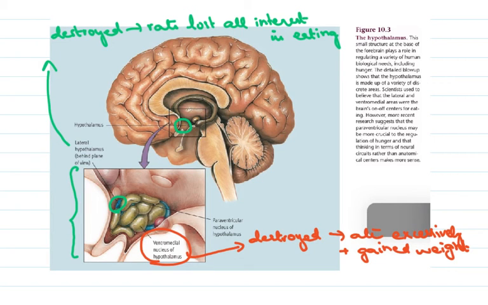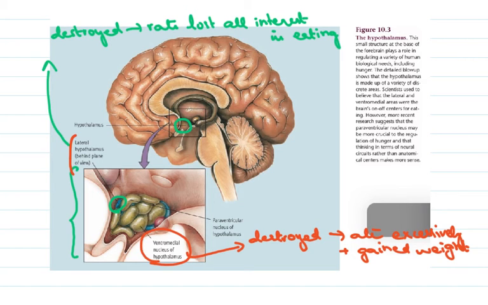This is very interesting in the sense that if you destroy one part of the hypothalamus, there's a loss of interest in eating, whereas if you destroy another part of the hypothalamus, there's the opposite reaction: an organism keeps eating, keeps eating, keeps eating.